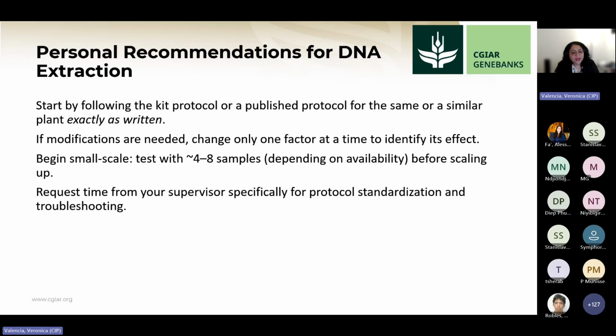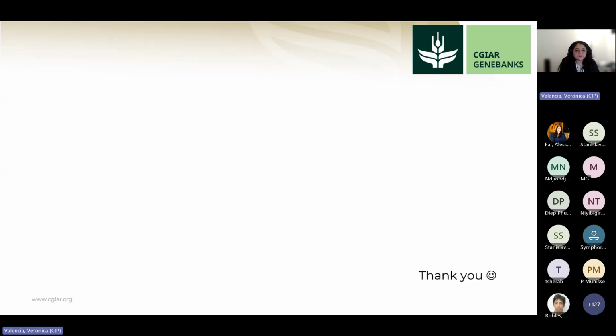But that is how we end up with bad quality DNA. That's how we end up not being able to work with the information from sequencing, and with the problems that arrive in the bioinformatic analysis, etc. So be very conscious and have time to do any protocol standardization.